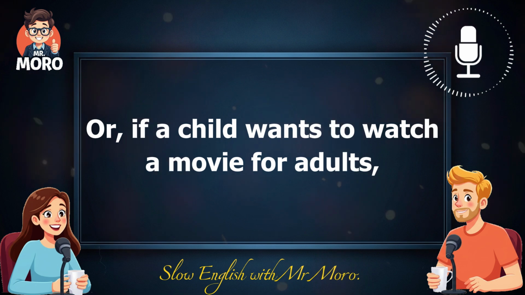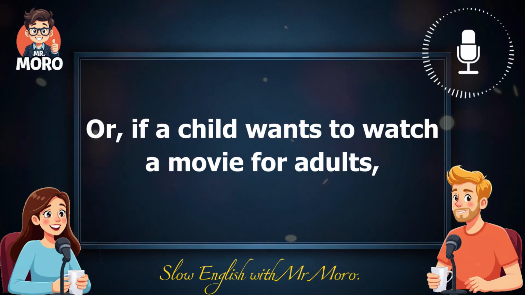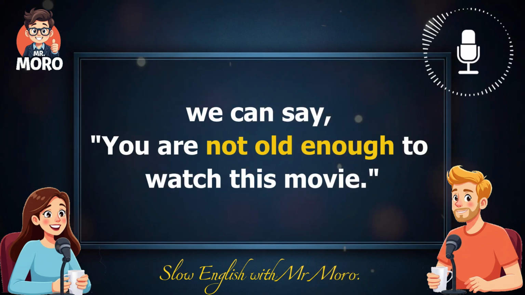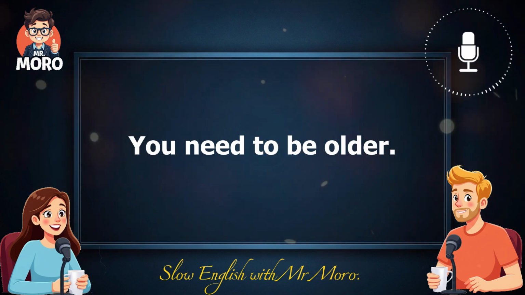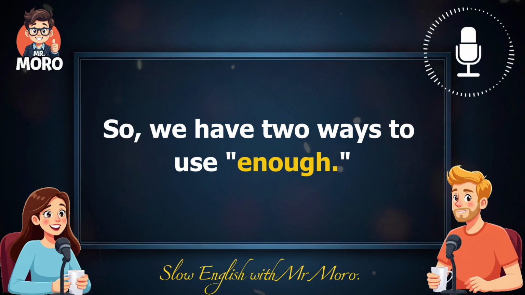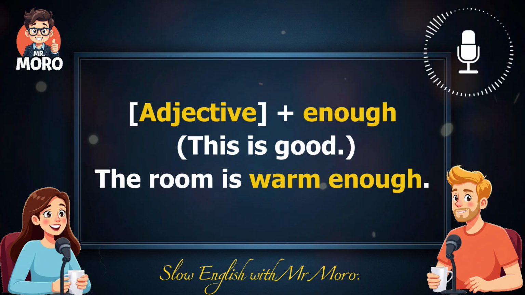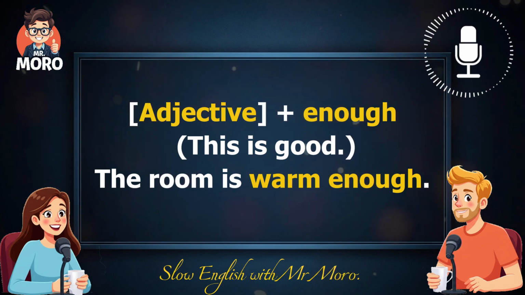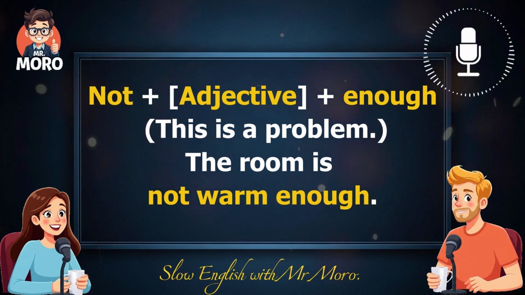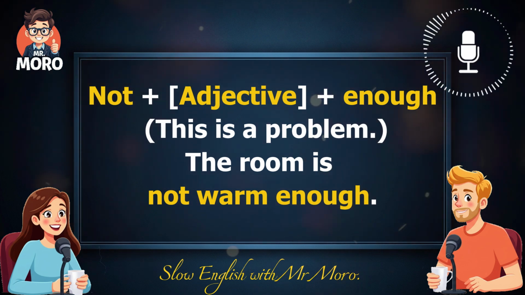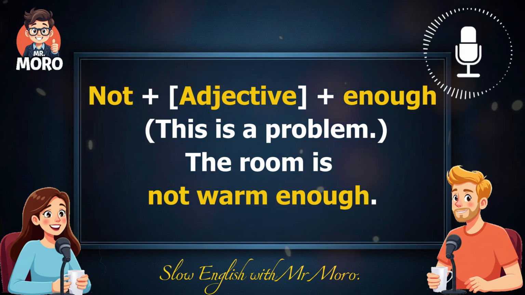Or if a child wants to watch a movie for adults, we can say, you are not old enough to watch this movie. You need to be older. So, we have two ways to use enough. Adjective plus enough. This is good. The room is warm enough. Not plus adjective plus enough. This is a problem. The room is not warm enough.